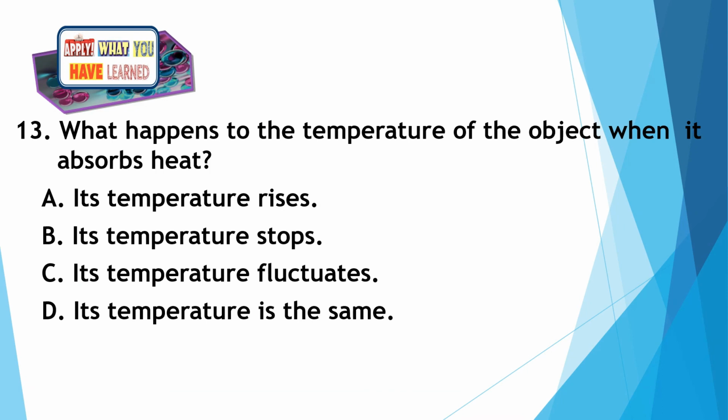Number 13. What happens to the temperature of the object when it absorbs heat? A. Its temperature rises. B. Its temperature stops. C. Its temperature fluctuates. D. Its temperature is the same.